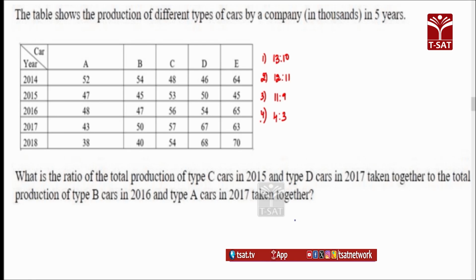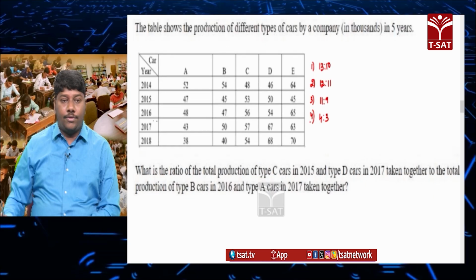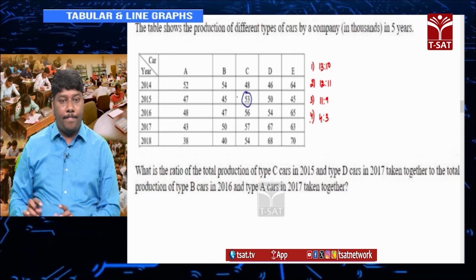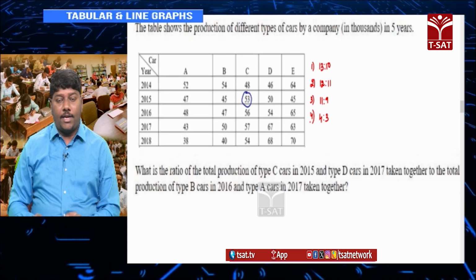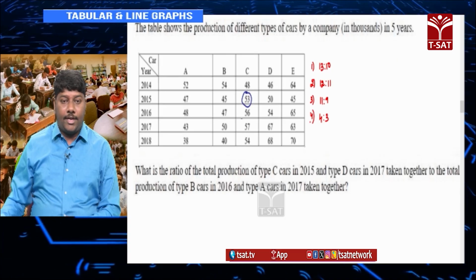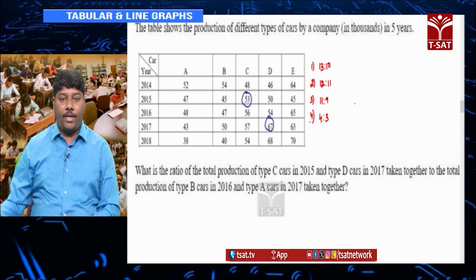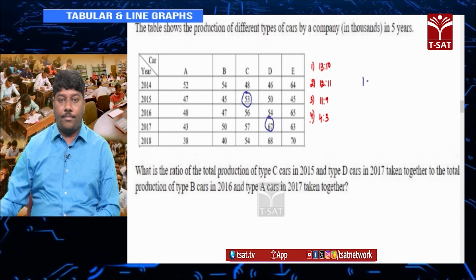So he is asking you the ratio. Total production of C in 2015, C is 53. Then type D cards in 2017 is 67, plus 53 is 120.